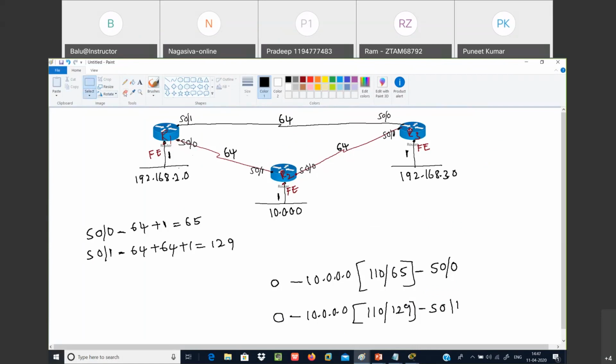Let me change it. For serial 0/0 the default cost is 64, but manually I have changed it to 128. Now come to via serial 0/0. What is the cost value from serial 0/0 to reach the 10 dot LAN?